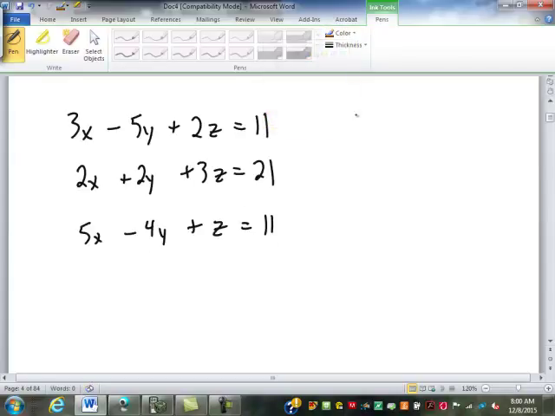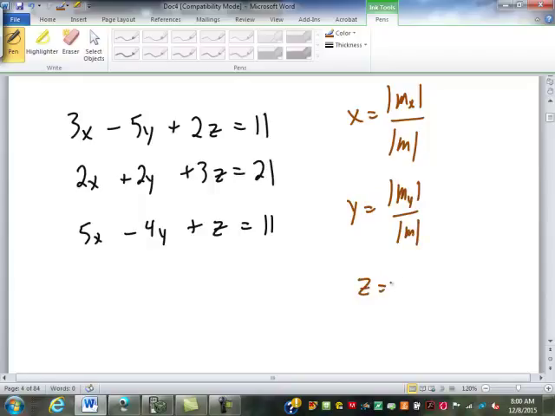Well, my guess would be that the value of x would be the x matrix over the base matrix, just like with the others. The value of y is probably going to be the y matrix over the base matrix. What do you think the value of z is going to be? Something called a z matrix. What do you think that is? You're going to replace the z's with the constants, over the base matrix.